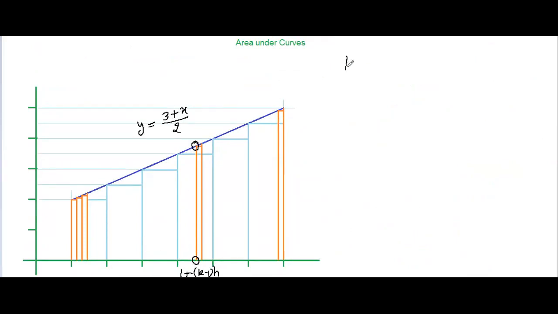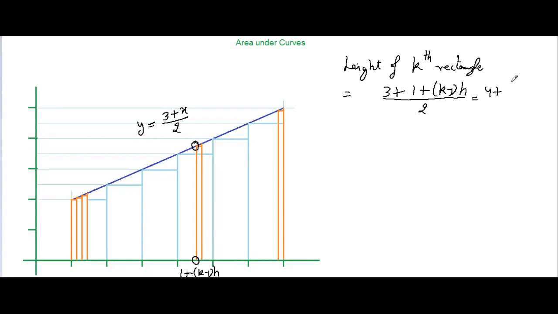So height of the kth rectangle is equal to 3 plus, put the value of x coordinate there, 1 plus k minus 1 times h whole divided by 2. This is equal to 4 plus k minus 1 times h divided by 2.